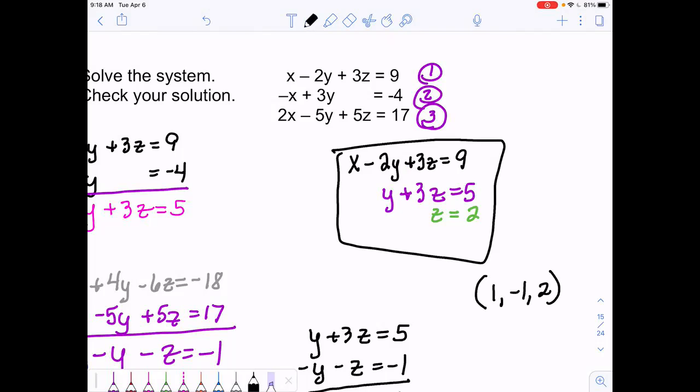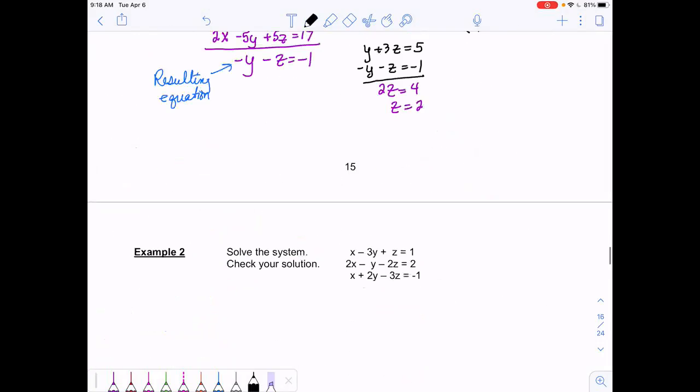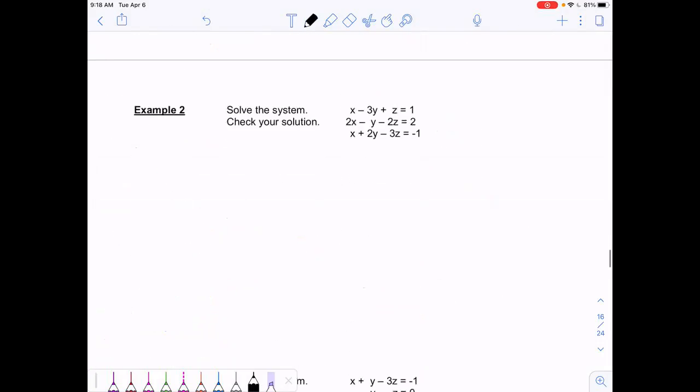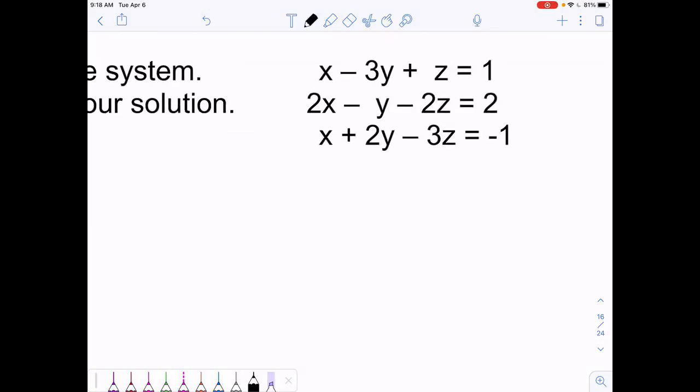So we're going to try this again and see if we can work through it another time. And we're going to try and keep the process the same. If you keep the process the same and get used to the process, it does become a little less foreign. So again, think of this as equation 1, 2, and 3.